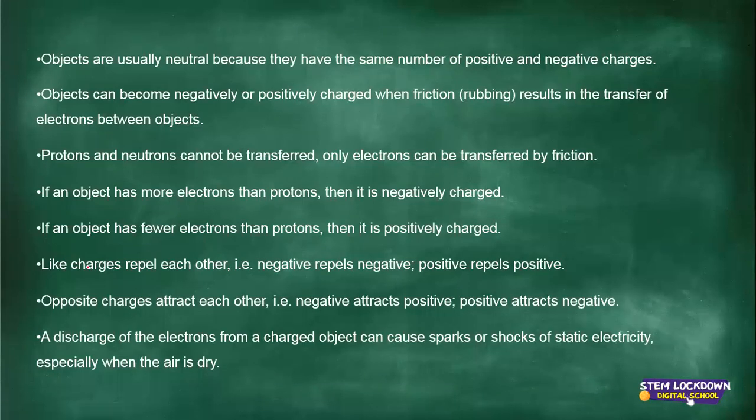If an object has more electrons than protons, it is negatively charged. If an object has fewer electrons than protons, it is positively charged. Like charges repel each other, so negative repels negative and positive repels positive.